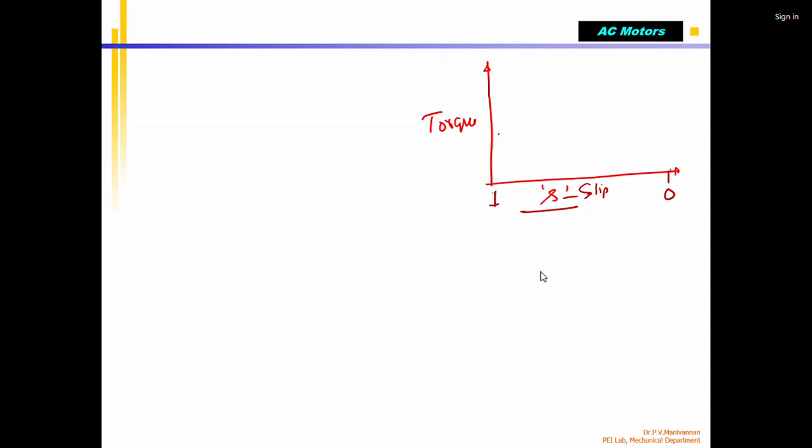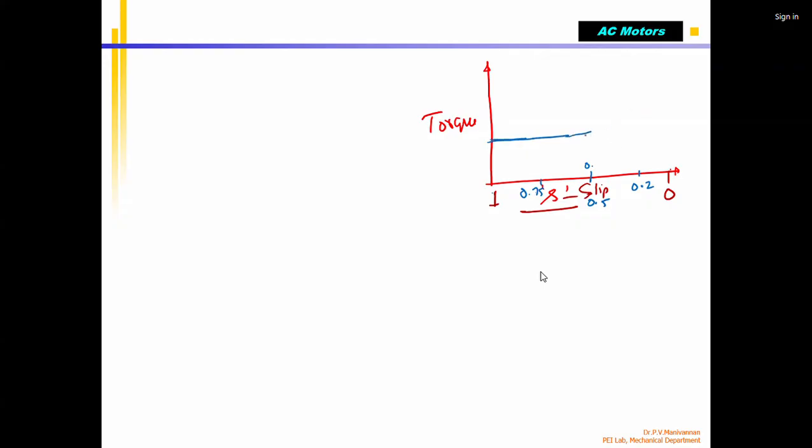If you see the torque curve of the induction motor, this is around 0.2 slip, this is 0.5, this is 1, and this is 0.75. The torque will be flat up to 50%.